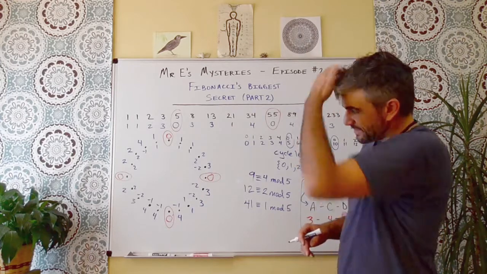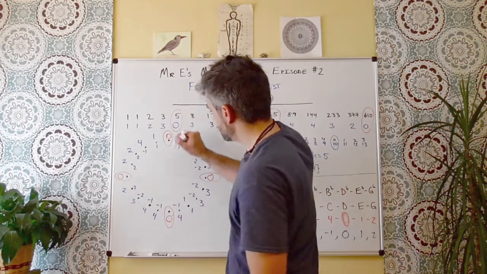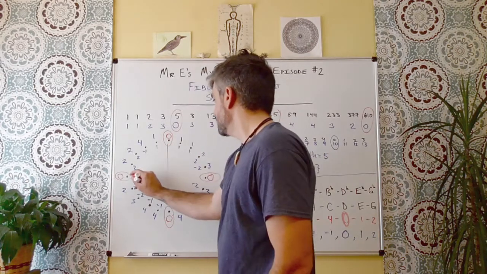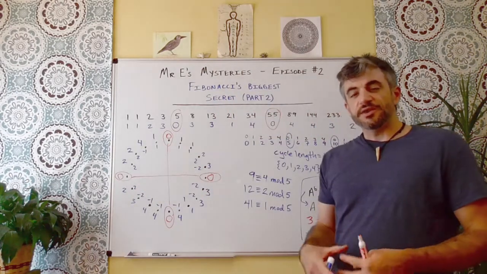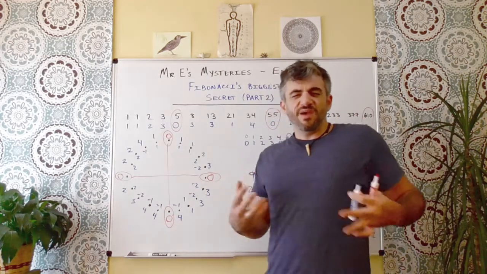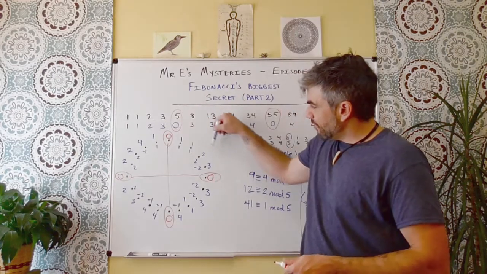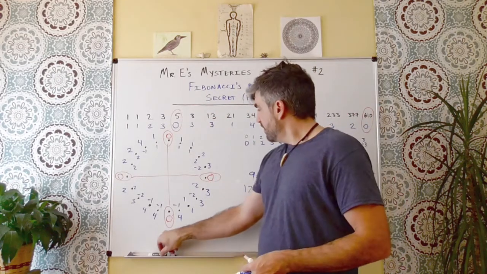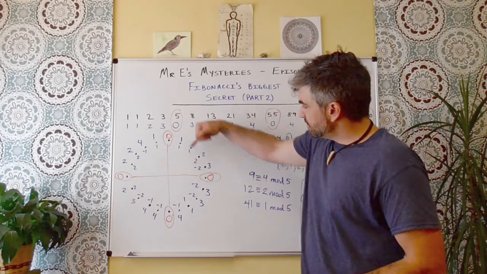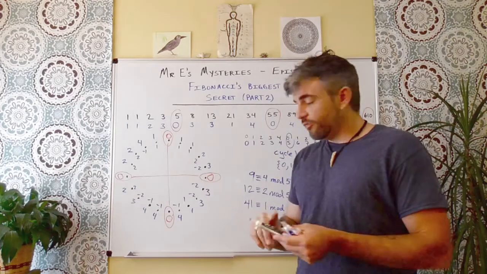So that said, as I said before, I noticed that the zeros segment this cycle into 4 unique sections. And within sections, I noticed that there are 2 main concepts. There's the concept of the numbers that are present, and there's the concept of a number that's not present. So for example, in the first cycle, I have 0, 1, 1, 2, 3, but no 4.